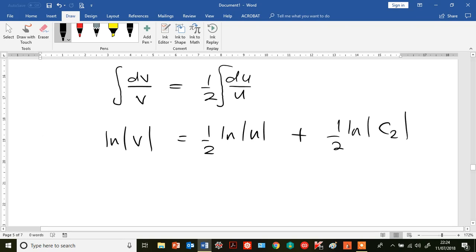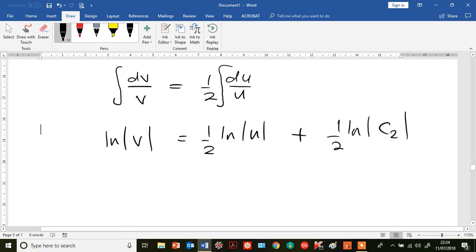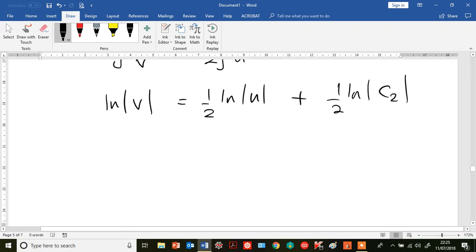Have I already used C2? Let's have a look. No, we've used C1 up there, and we've got a C2 there. That's okay. So I've just manipulated this constant to read a half log C2 because we've got a half here in front of the logarithm of u term.